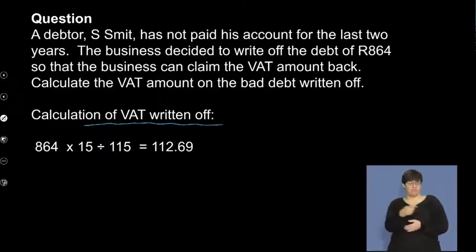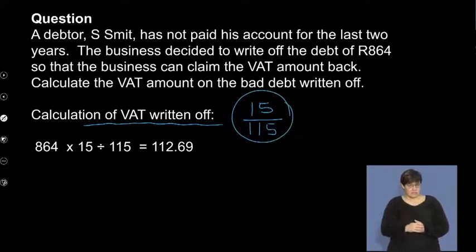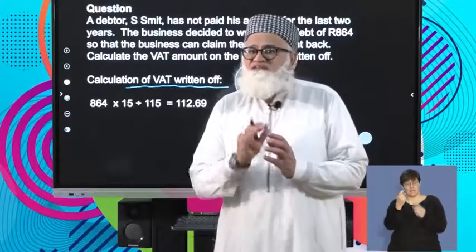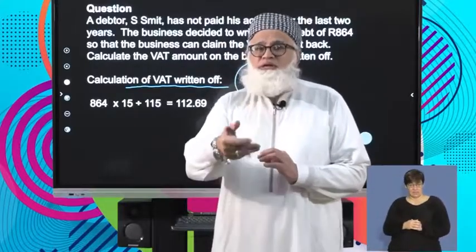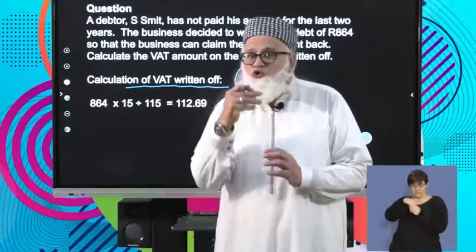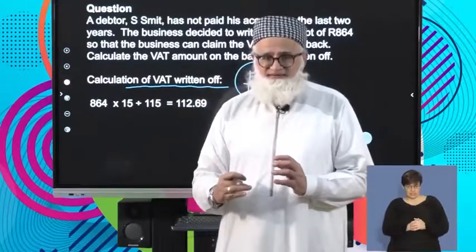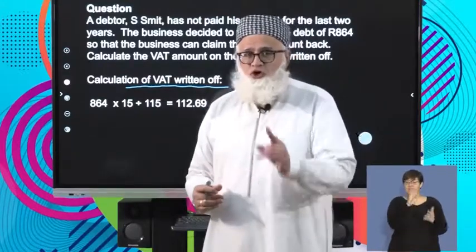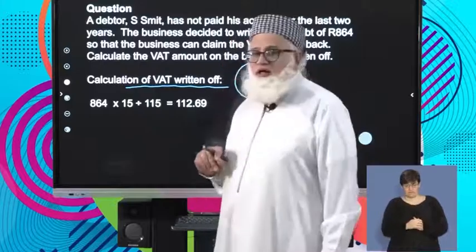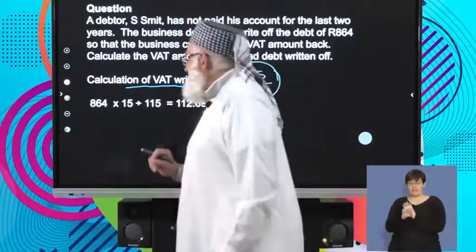Calculation of the VAT written off, and this is very, very, very important. Whenever you are doing your VAT calculations, keep this in mind: 15 over 115. What am I referring to? I am referring to when we want to calculate the VAT amount and we know the amount is inclusive of VAT. If that is the situation, we use the 15 over 115, as is the example here.